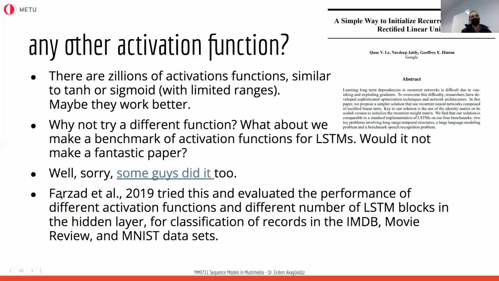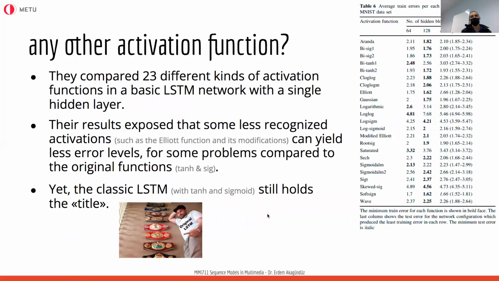There's a practical paper by Farzad et al. in 2019. They tried almost all of them, 23 different kinds of activation functions. Anything could be an activation function, but there are certain needs, like being bounded, because when they are not bounded, things can explode.